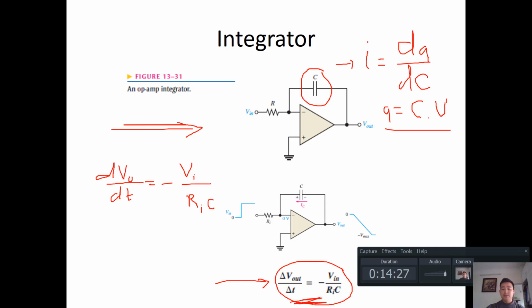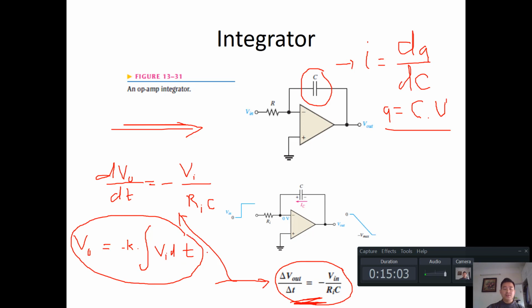From this you can easily have V out equals minus K, a coefficient, multiplied with the integration of V in dt. So this is the origin of the integrator circuit formula.